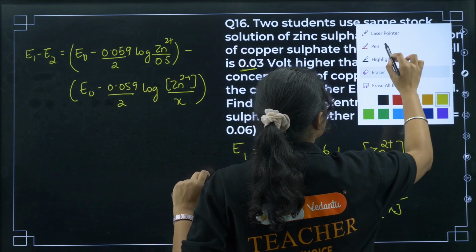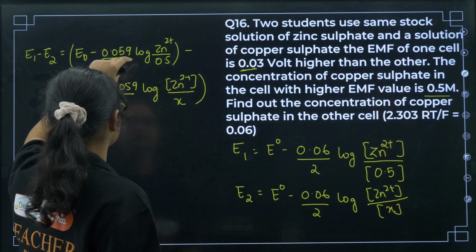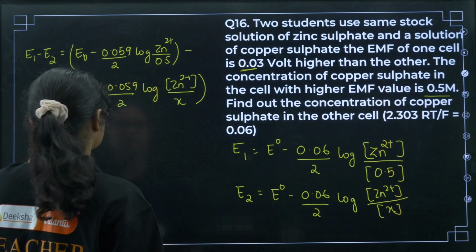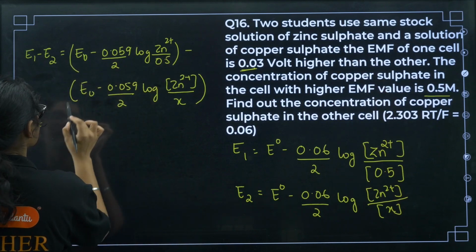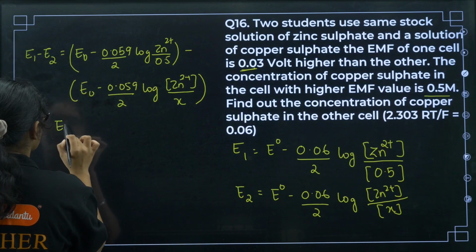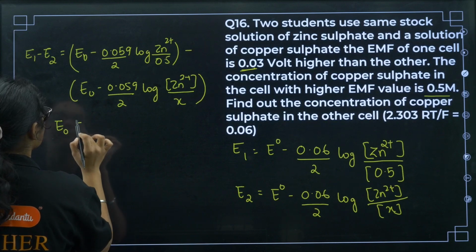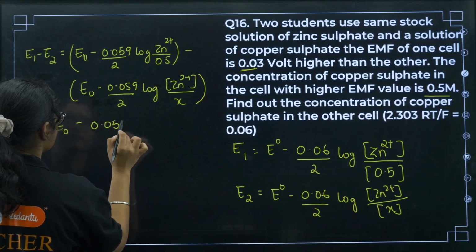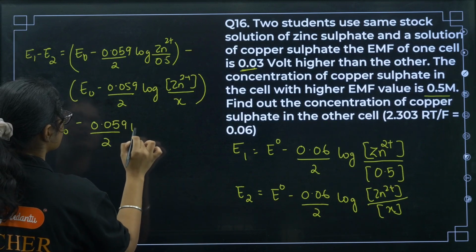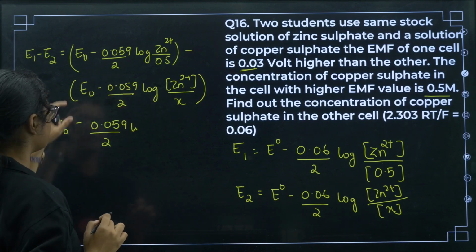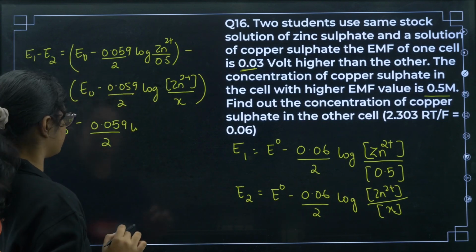Okay, so now what will happen if you use this negative sign? E naught minus 0.059 by 2. So this E naught and this E naught will get cancelled, right? E naught will get cancelled.